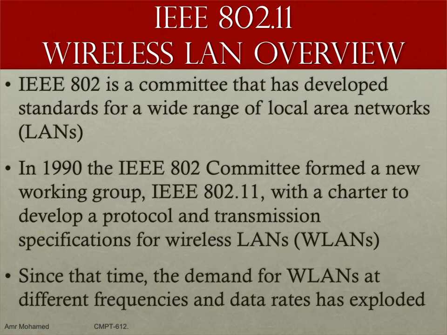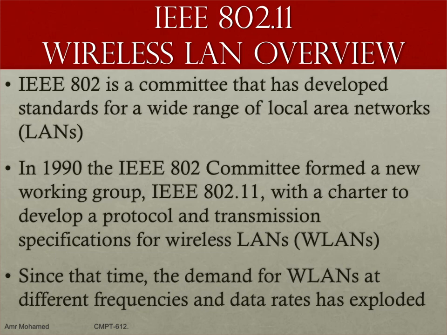So in the 90s, the IEEE 802 committee formed a new working group to work on 802.11. Before that, of course, 802.3 was standardized and was being used. The first version of 802.11 was 802.11b. 802.11b talks about wireless communication at 2.4 gigahertz.